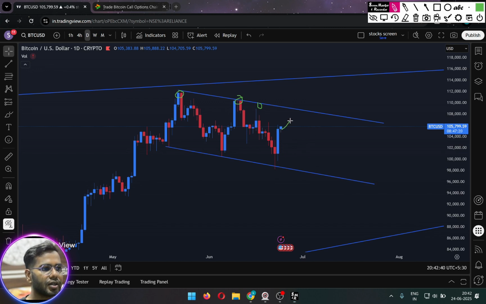For example, if the market touches this trend line, it will show either rejection or it will move in this direction, and the target will be up to this level, this trend line. You can observe fast momentum up to this level if the market shows a breakout of this level.